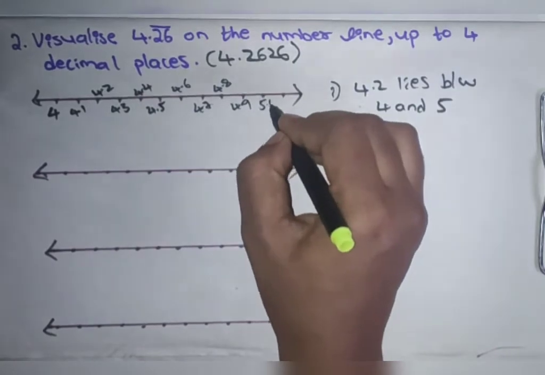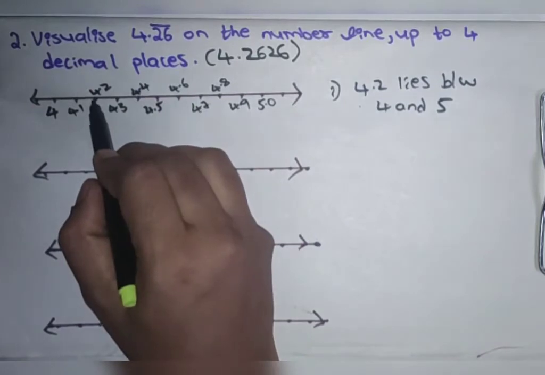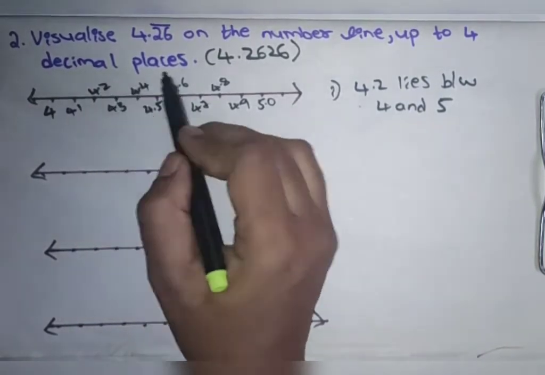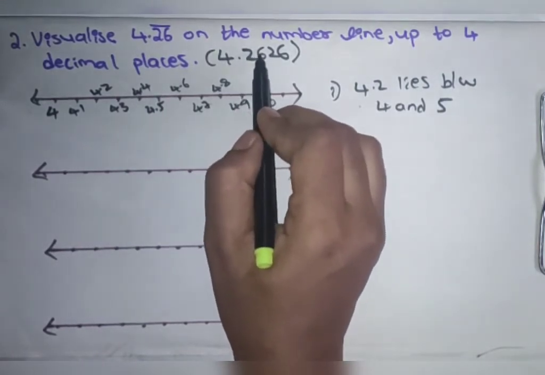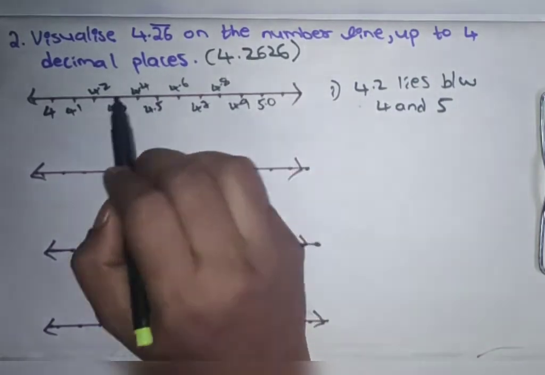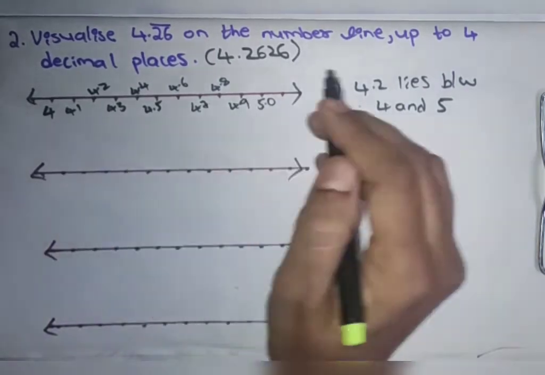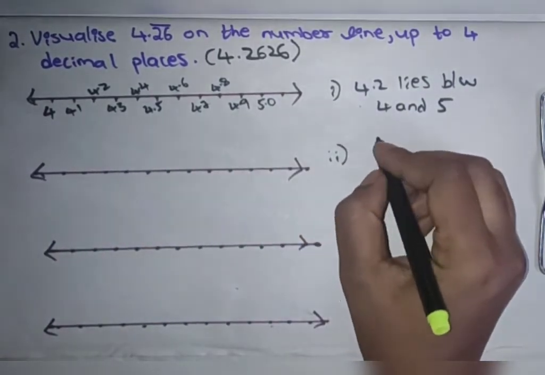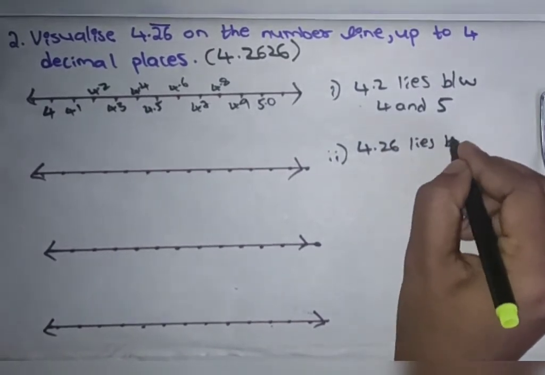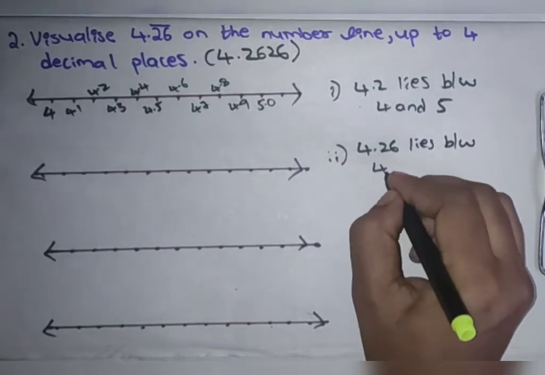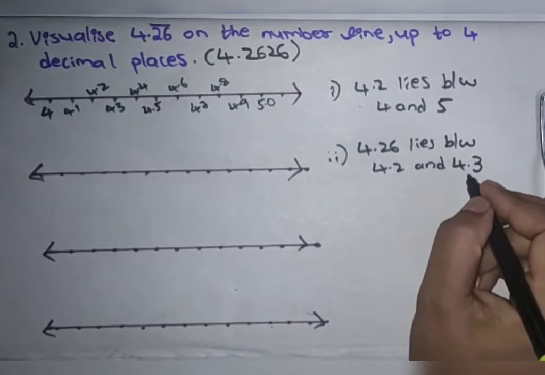Now 5 or 5.0, both are same. Once we have got 4.2, the second digit is 6, 4.26. So from 4.2 to 4.3 we should magnify here. Second step: 4.26 lies between 4.2 and 4.3. Any confusion?